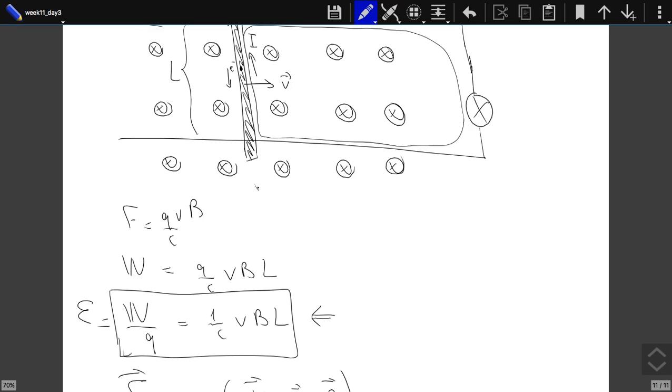Now, let's say this distance is x. So in this example, at least, V is nothing but minus dx by dt.